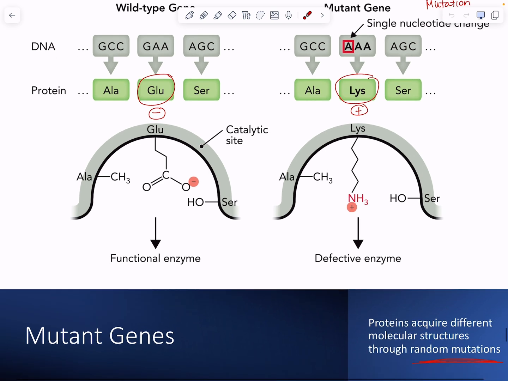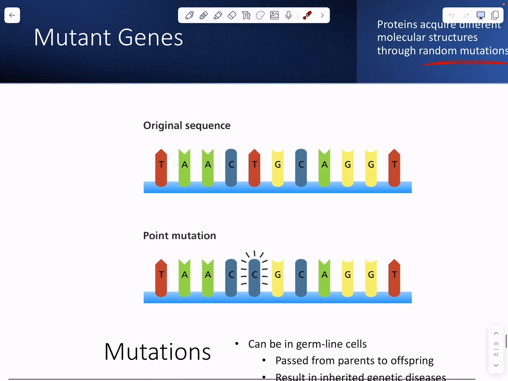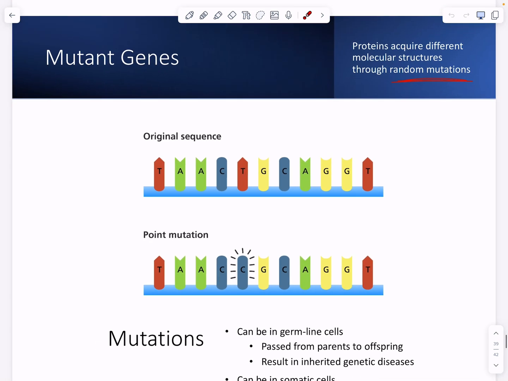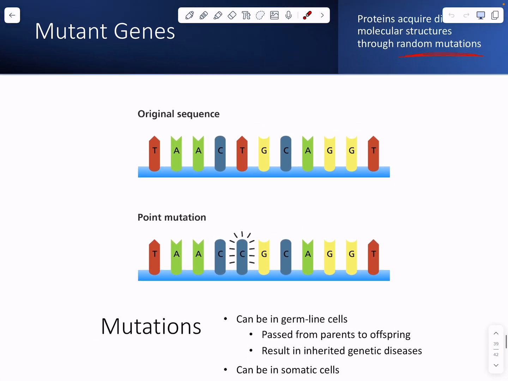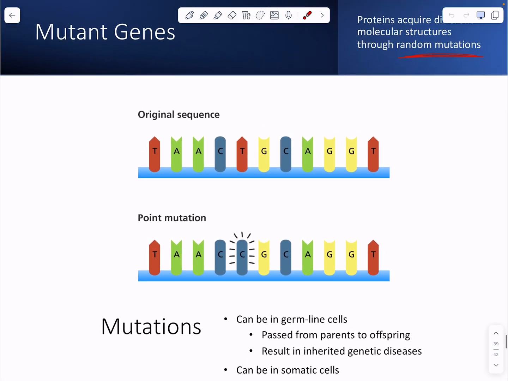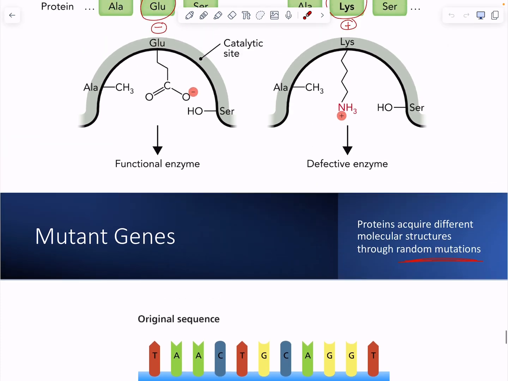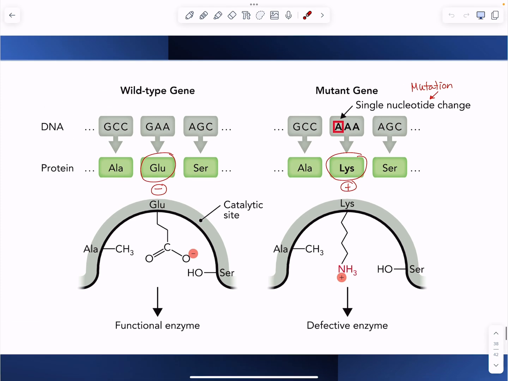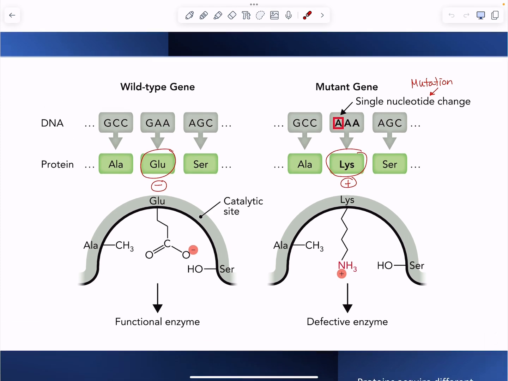All right, so we're going to whip through the last part of chapter 1 by just talking about the different types of mutations. So remember, the information is stored in the DNA that eventually winds up in the production of proteins.